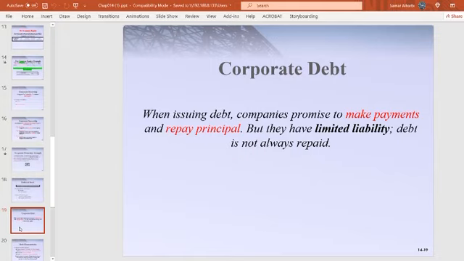So we say it has limited liability. In case of bankruptcy, normally who do they pay first? Debt. The first ones are banks or bankers, we call them lenders. Next one, bonds. Then the last one will be shareholders. Okay.